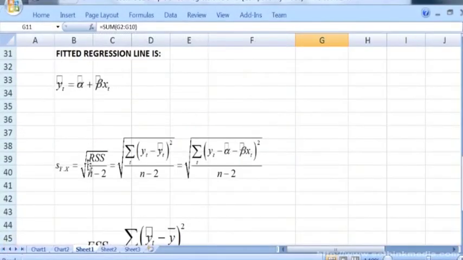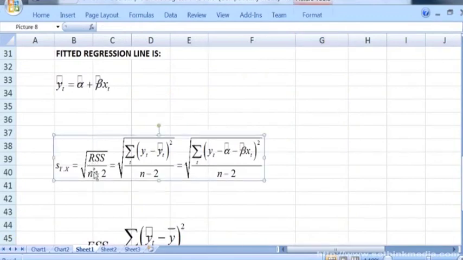So here is the formula of standard error of regression. So sy dot x is the square root of RSS over n minus 2, and remember that RSS is the residual sum of squares. So it is the summation of y minus y hat whole square divided by n minus 2.